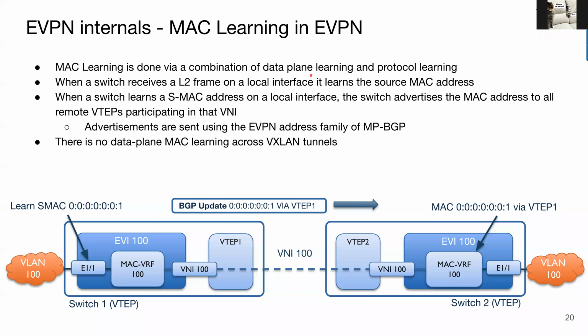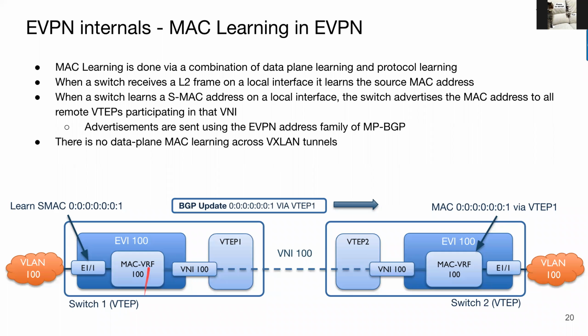The data plane learning is nothing new. If we have a local host attached, then as soon as he first starts communicating with his VTEP, then the VTEP is going to do totally normal layer 2 MAC learning and populate his MAC address table.